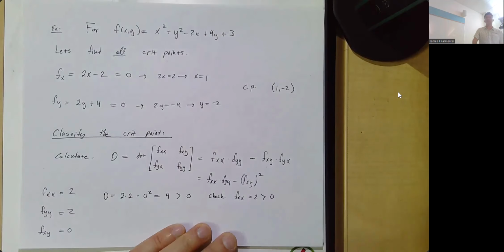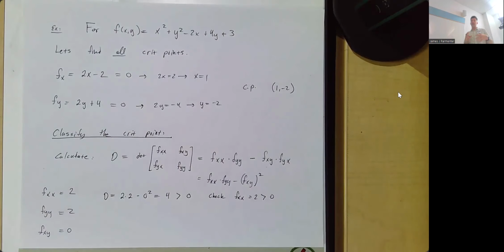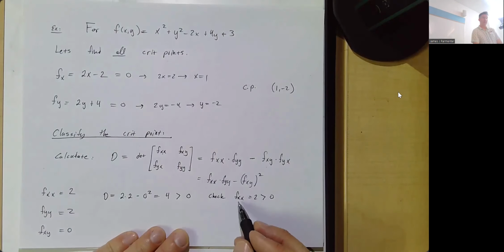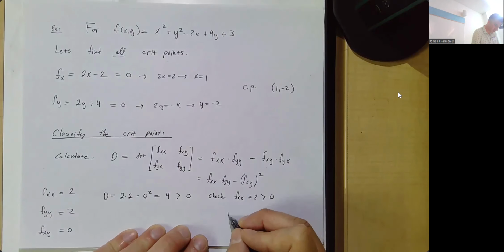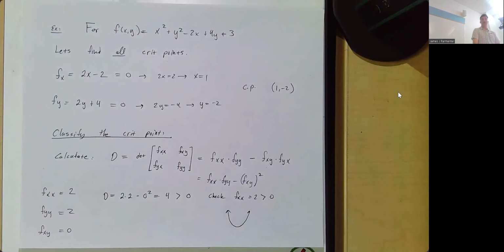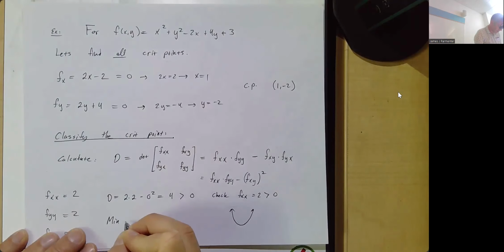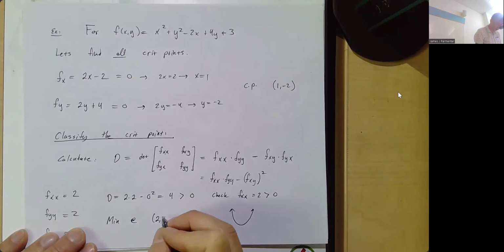And I'll remind you of what I was saying a little bit earlier. The second derivative talks about concavity. So what we're saying here is the second derivative with respect to x is positive. So the second derivative in that direction is telling us the function is concave up in that direction. So if the function is concave up, you don't have a maximum, you have a minimum. So we have a minimum at the point (1, -2).